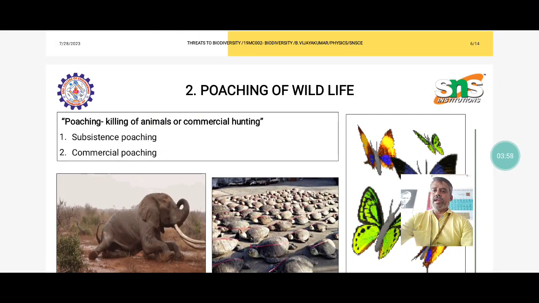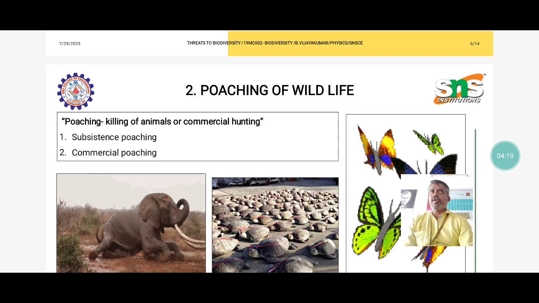The second category is poaching of wildlife. Poaching means killing of animals or commercial hunting. Nowadays most human beings hunt and kill wildlife.